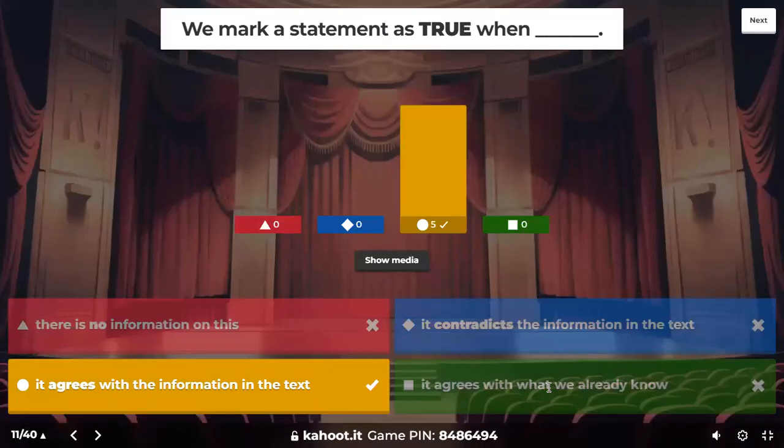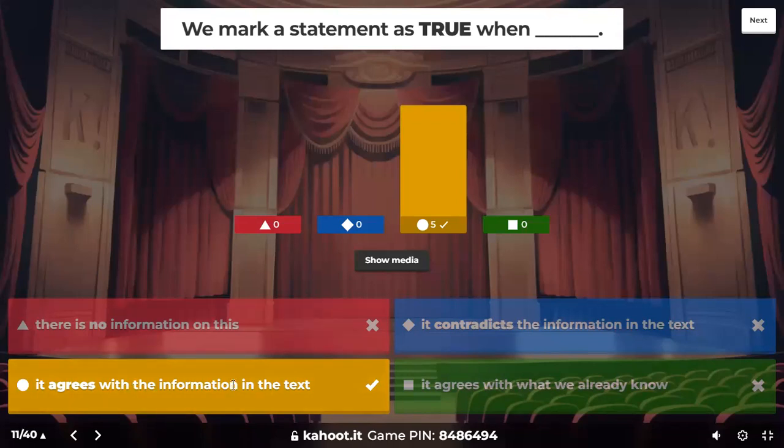Okay, very good. So if you find in a text the exact paraphrase of the information in the statement, you should mark it as true. But if you know that something is true and there is no information in the text, you should mark it as not given.